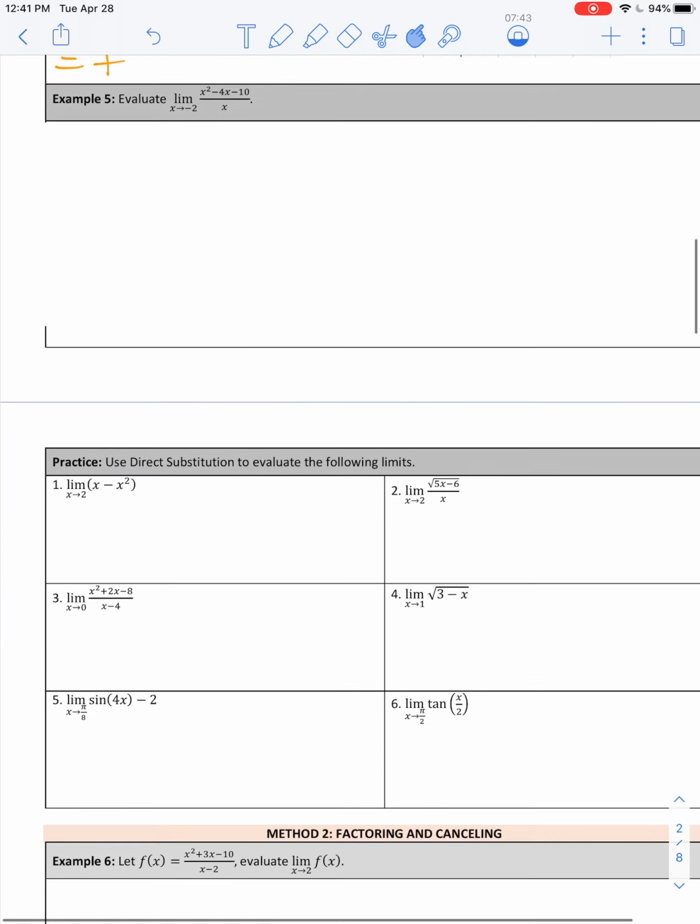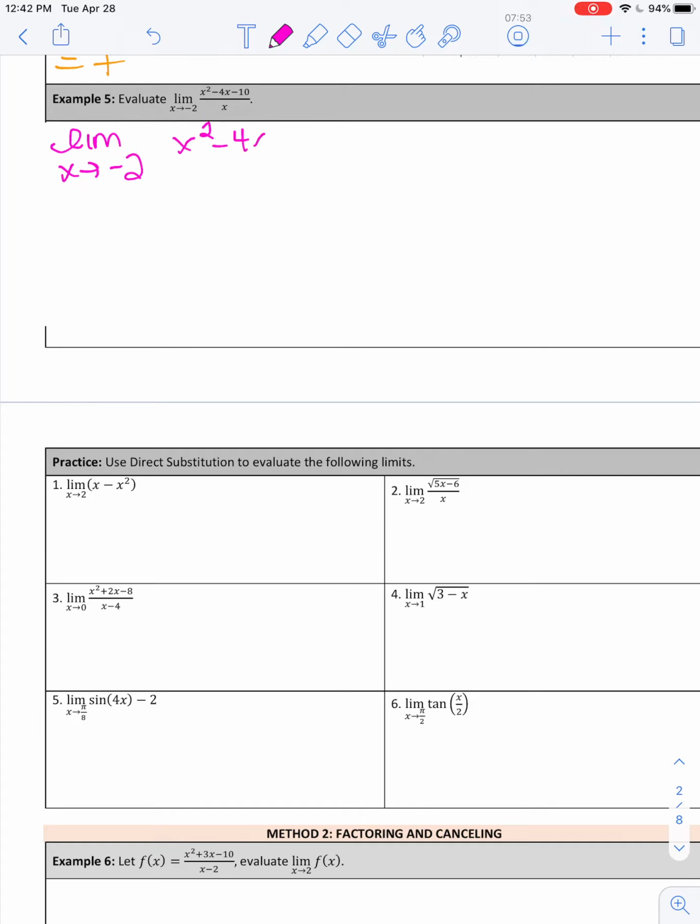All right, last one for this direct substitution as far as the examples go. We're looking at the limit as x approaches negative 2 of x squared minus 4x minus 10, divided by x. Substituting in those values, we'll find in the numerator negative 2 squared minus 4 times negative 2 minus 10, all over negative 2.